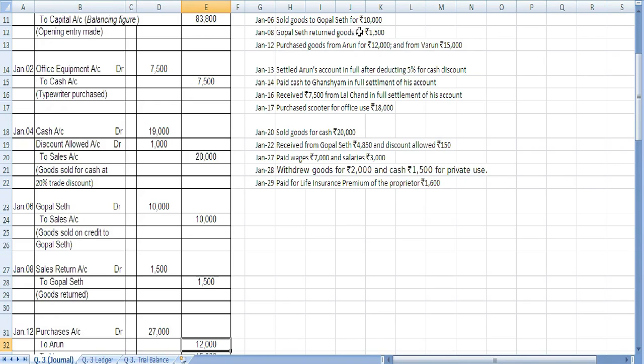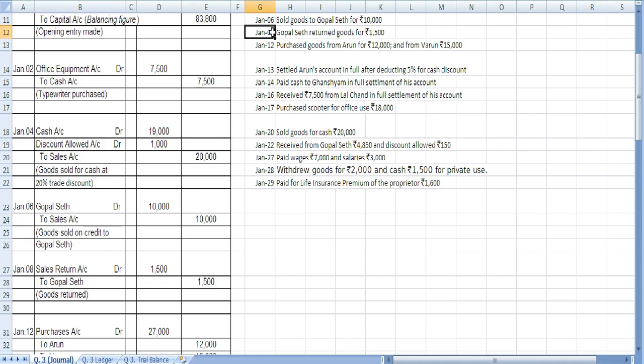Now this is a credit sale because there is no word cash over here. So here Gopal Seth is the receiver and to sales because it is revenue, and as per the revenue we have to credit. So Gopal Seth debit 10,000 and to sales credit 10,000. Goods sold on credit to Gopal Seth.